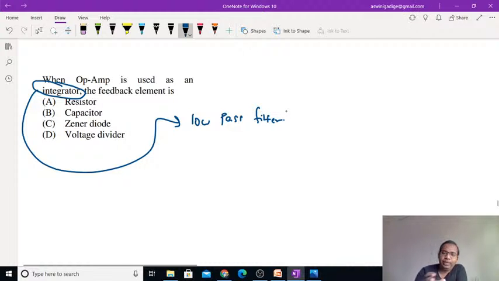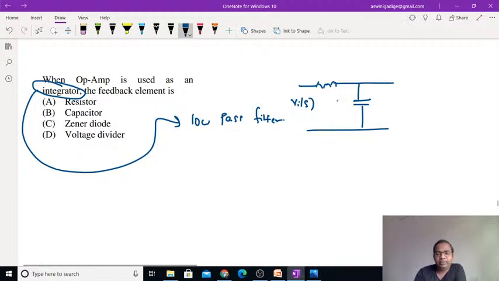Of course, we cannot say completely that the integrator is a low pass filter. If one condition is satisfied, then the integrator acts like a low pass filter. That condition depends upon the input signal time period and the time constant of the integrator circuit. Anyhow, low pass filter means we can take a resistor here and a capacitor here. So it is a low pass filter.